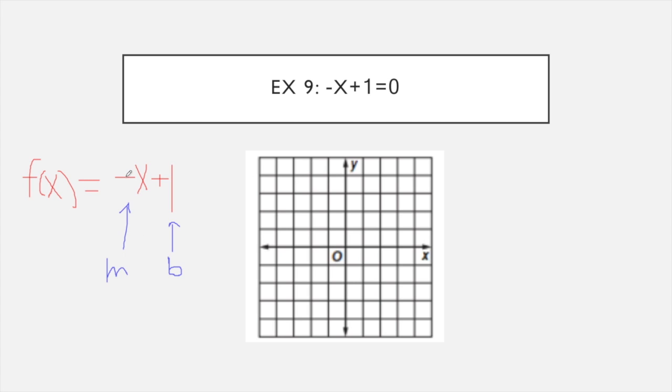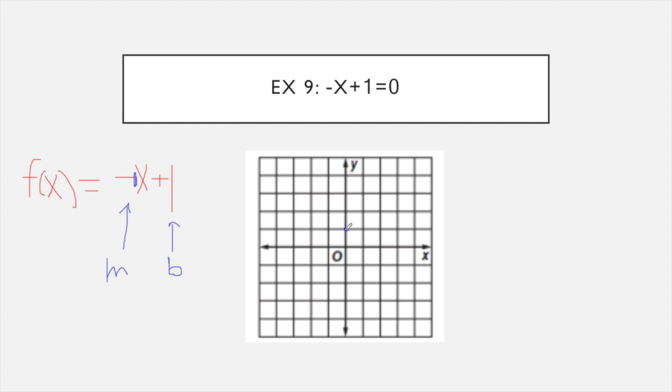So my slope is a negative 1. There's an invisible 1 there. It's just 1x. So my slope is a negative 1. And it crosses the y-axis at positive 1. So y-axis, up and down, positive 1 right here. And my slope, I know, is a negative 1.